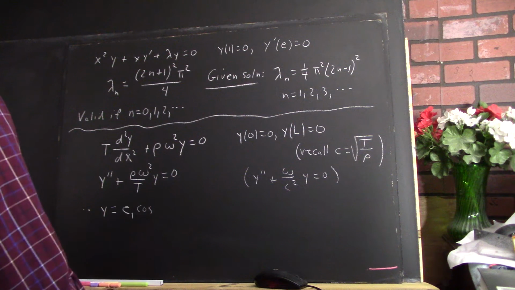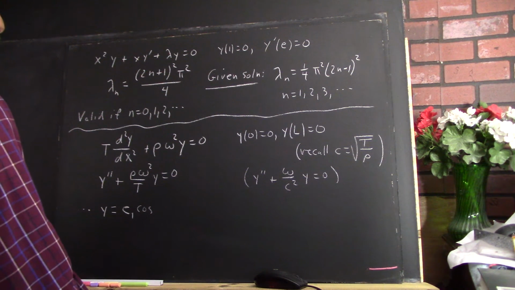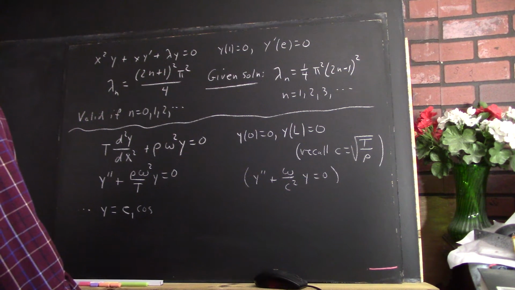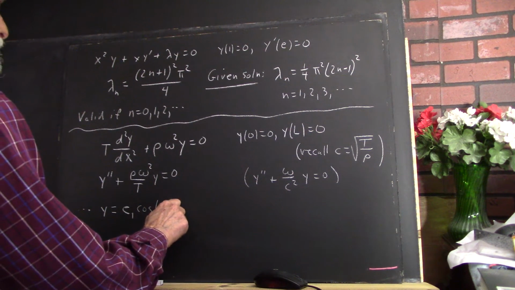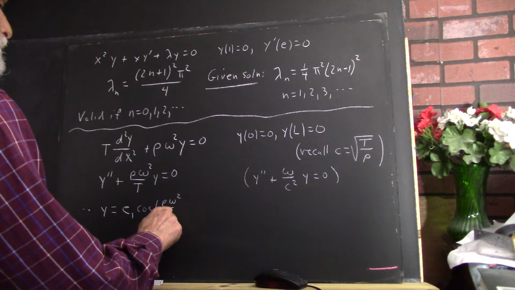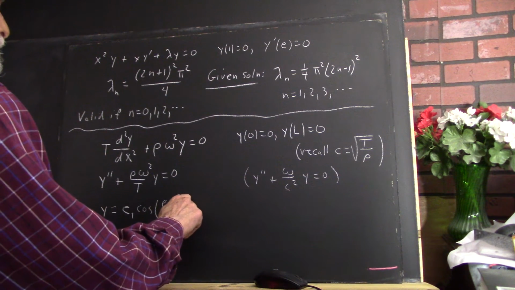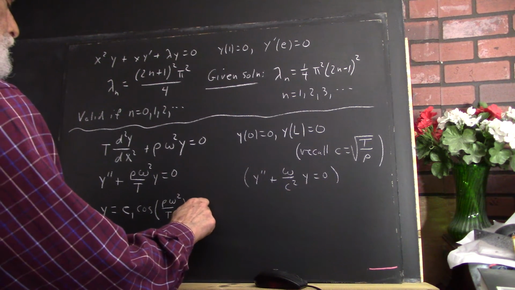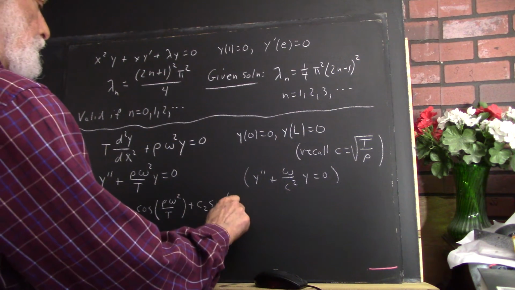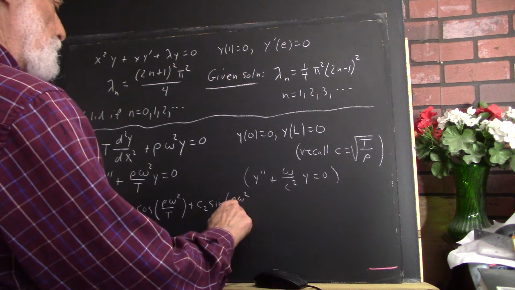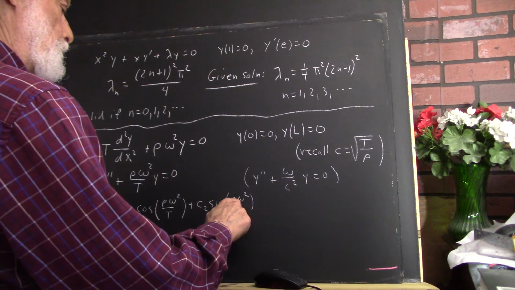So we get a cosine of rho omega squared over T, and then a C2 times a sine of rho omega squared over T. That's very straightforward.